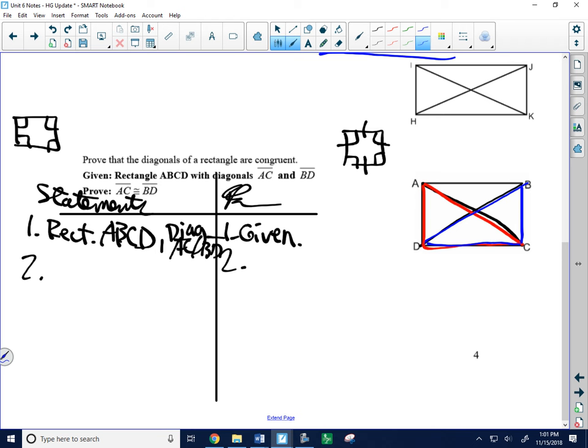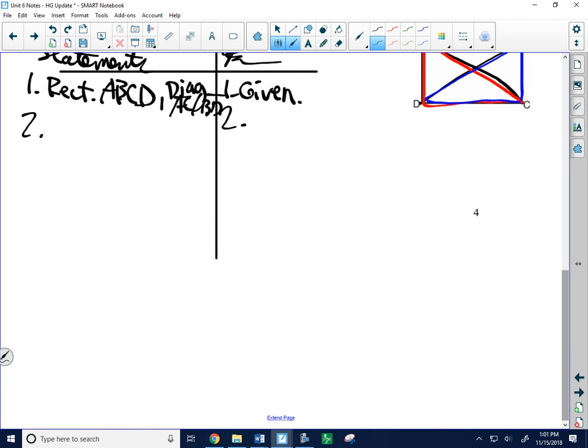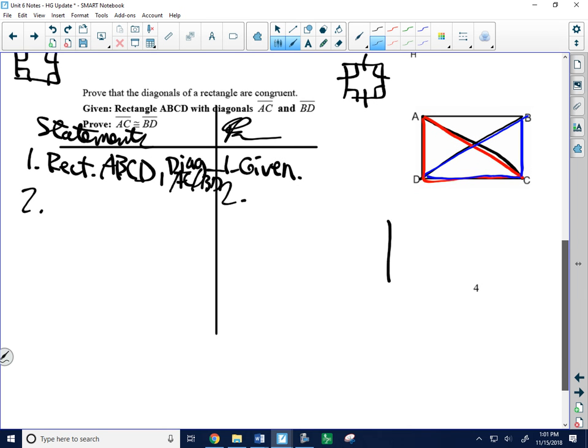So if I show those two triangles are congruent, then AC and BD will be, because they're just the hypotenuse of those triangles. And yes, hypotenuse. That's correct. Okay, so I'm going to show those two triangles are congruent. If you'd like, these are overlapping triangles, and when we did these in our congruent triangle unit, you could redraw them.